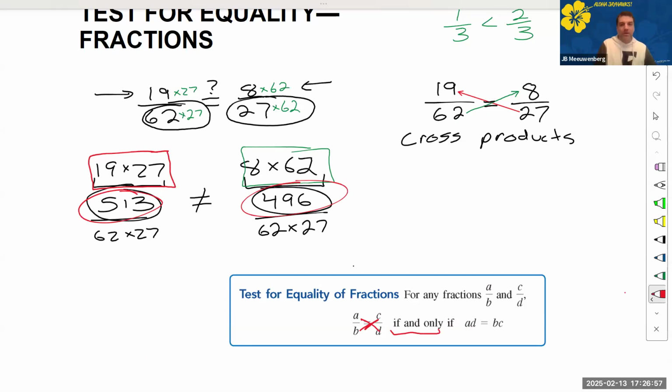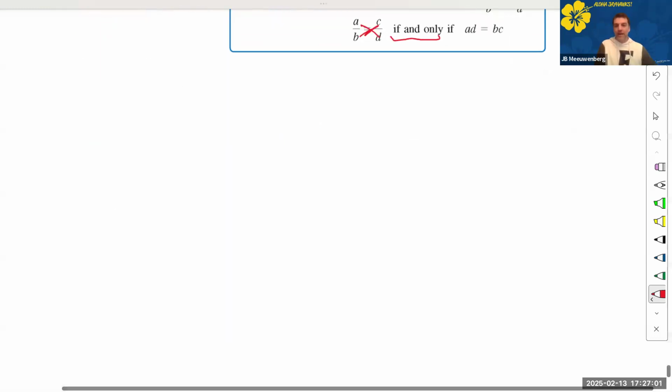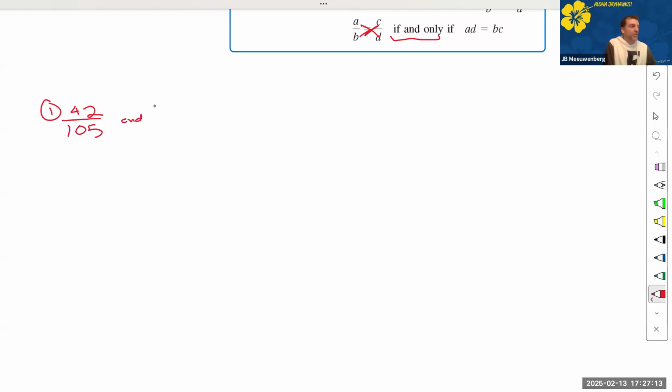So let's try. Let me give you a few of these, and you test to see if these fractions are equal or not. We will do 3 of these. We will do 42 over 105 and 14 over 35.